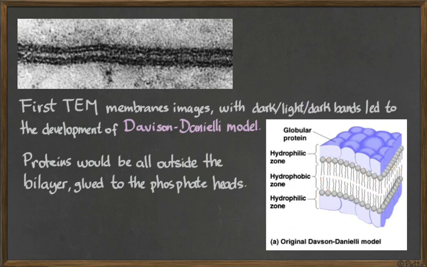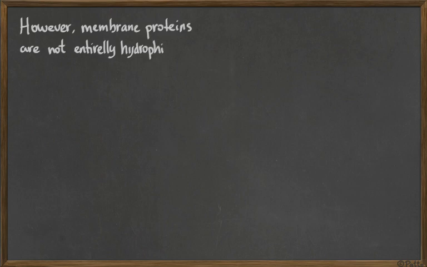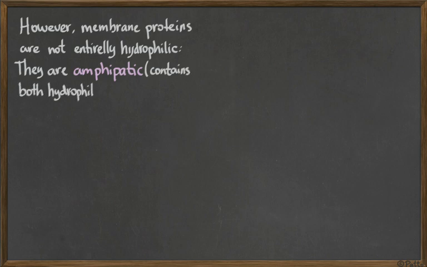But there's a however. The membrane proteins are not entirely hydrophilic. For them to be totally outside of the membrane, like the Davson-Danielli model proposed, they would have to be totally hydrophilic because they would be all in water. And the point is that they are not. Most of the membrane proteins are amphipathic, which means they contain hydrophilic and hydrophobic parts.